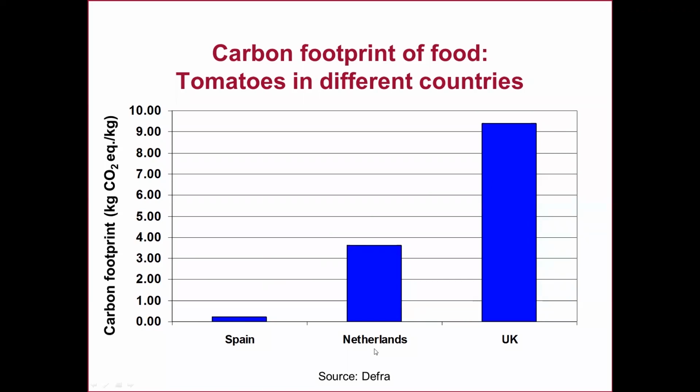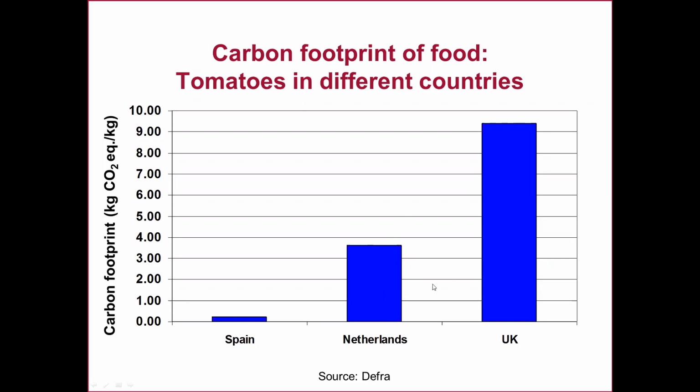But if we compare it with tomatoes grown in greenhouses in winter in the Netherlands and UK, where they require a lot of energy to maintain the temperature, then the emission could be an order of magnitude or even more higher than those.